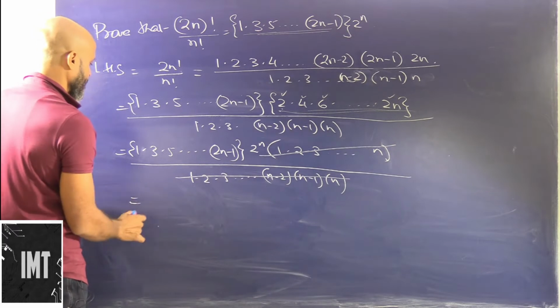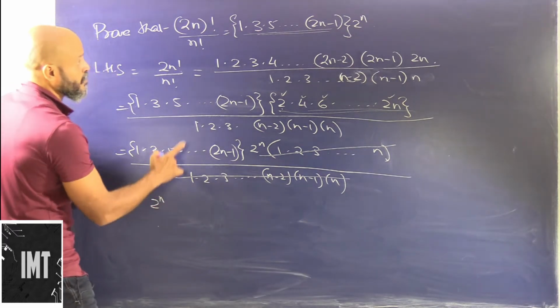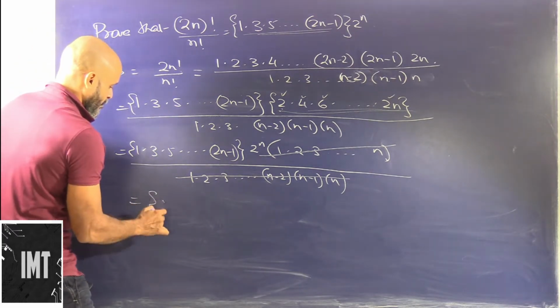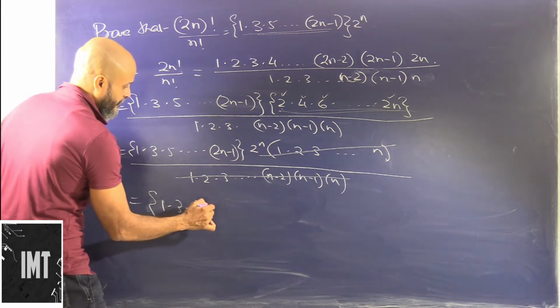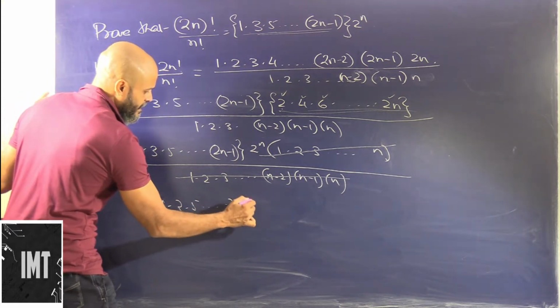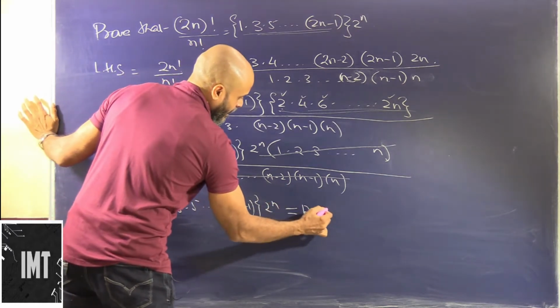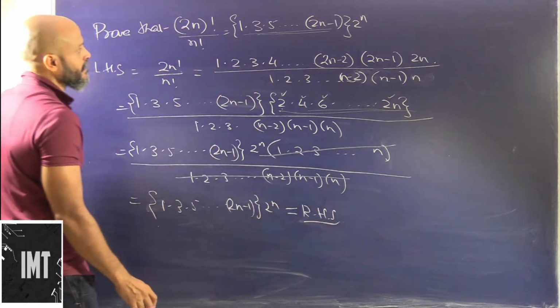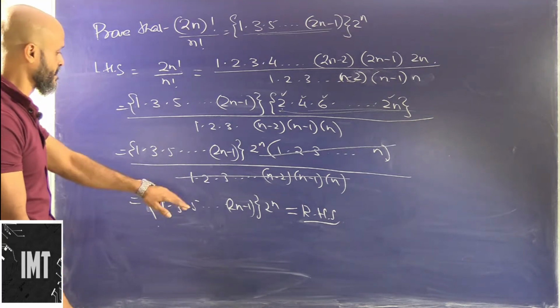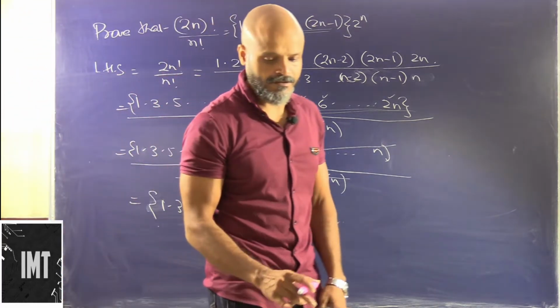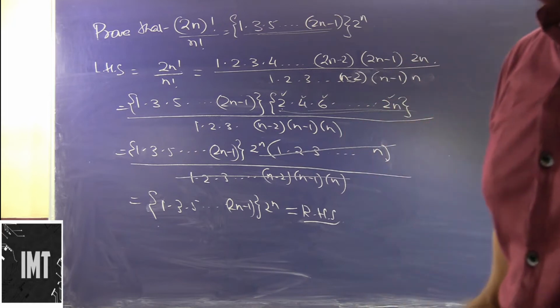So what we are left with is 1 into 3 into 5 till 2n minus 1 into 2n, and that is basically equal to RHS. So this is how we can prove this entire sum. We'll take up more sums on factorials here.